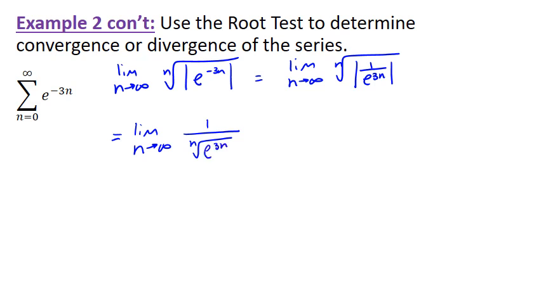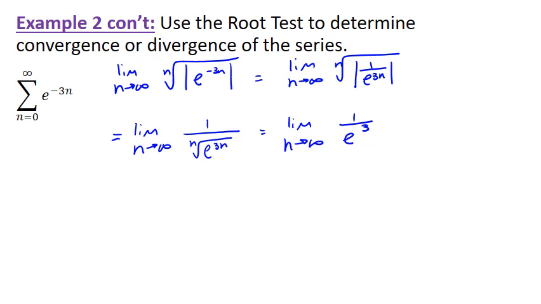In this case, the n's can cancel out, so the nth root goes away, and this is equal to the limit as n approaches infinity of 1 over e cubed.